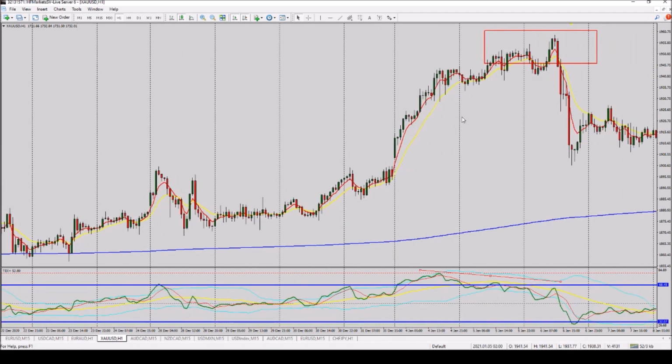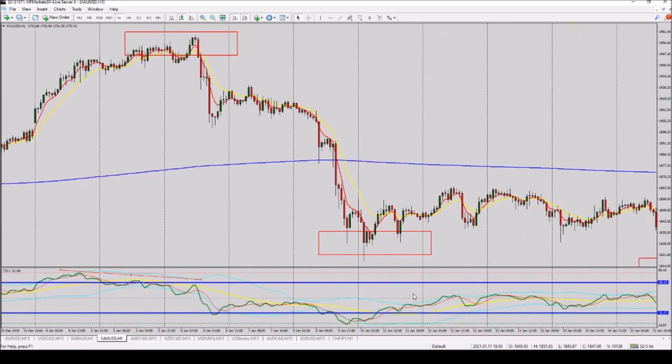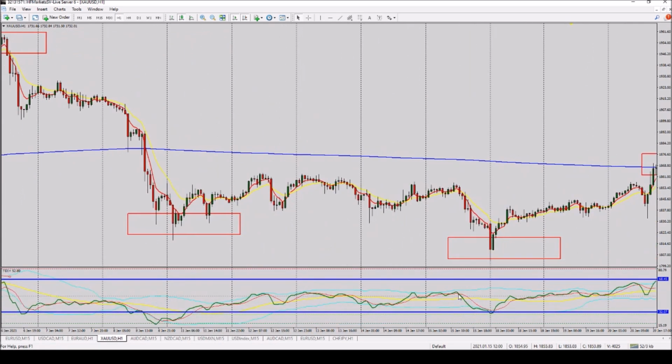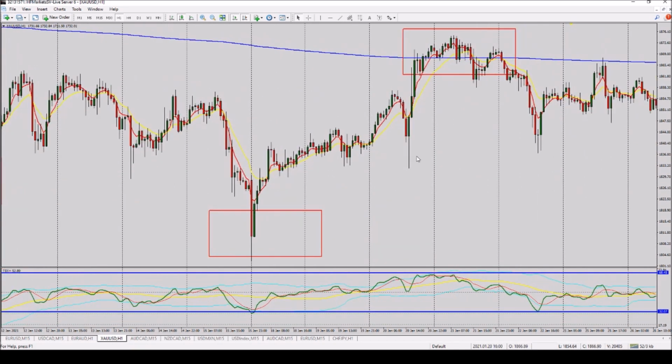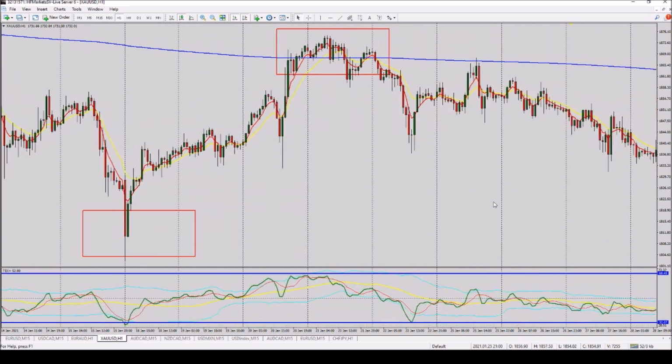Right? So I have already marked the points whereby price actually pierced the overbought or the oversold line on the H1 time frame. As you can see, I have been marking this one, which was the point where price pierced the oversold line, and I've put these rectangles so that it will be easier for us to go through the back test.